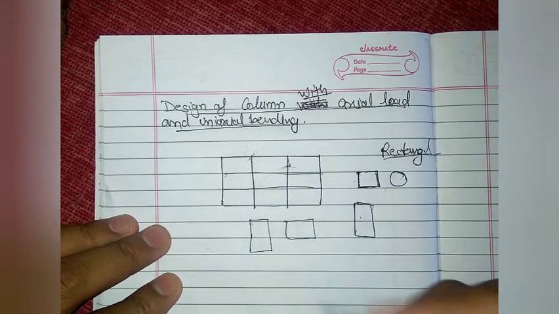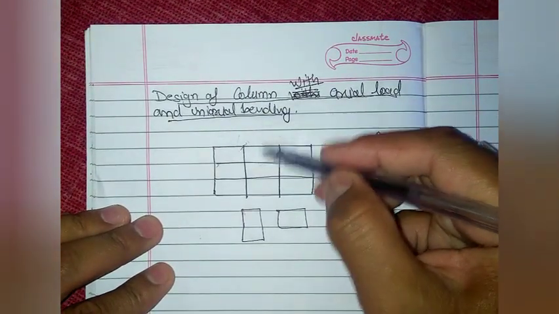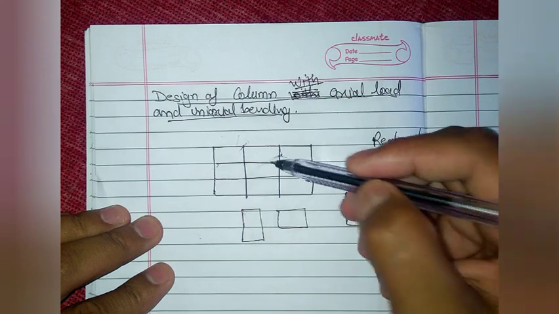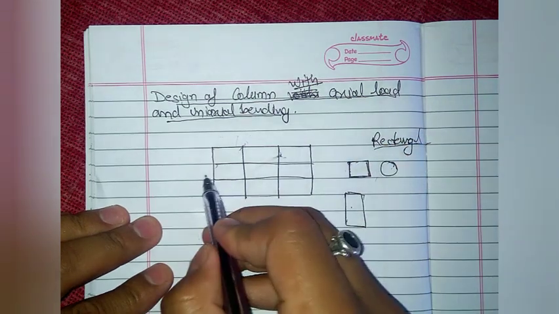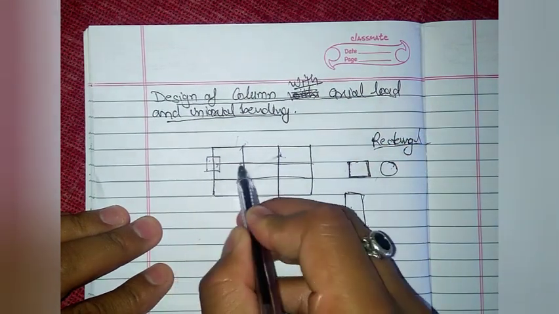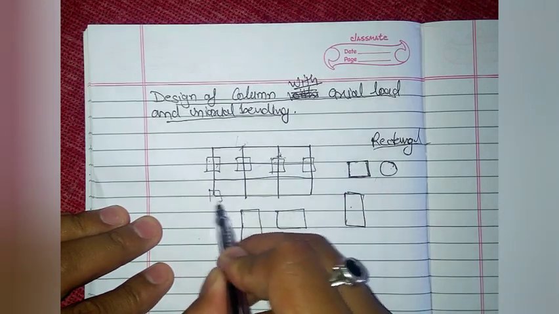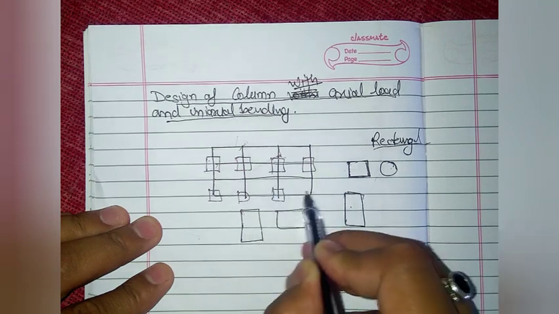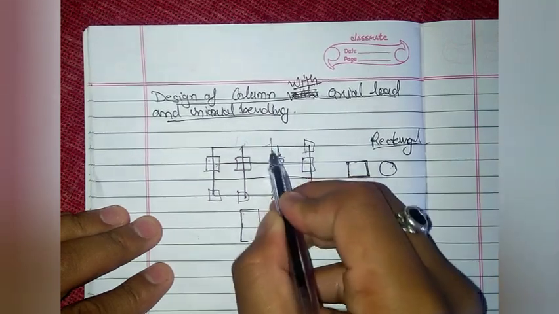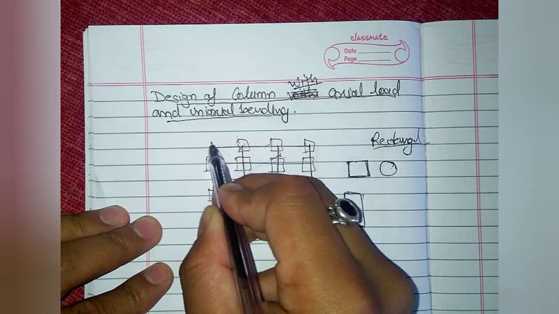To resist the loading, we need to provide the column section this way in this frame.